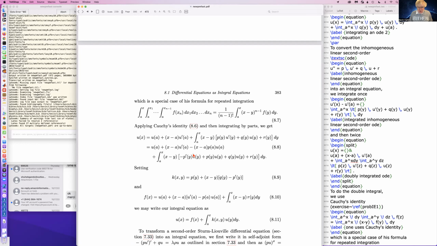And so what we wind up with is a rather complicated integral formula in general. It's u of x is u of a plus x minus a u prime of a plus x minus a p of a u of a plus integral a to x, and then this kind of complicated integral.